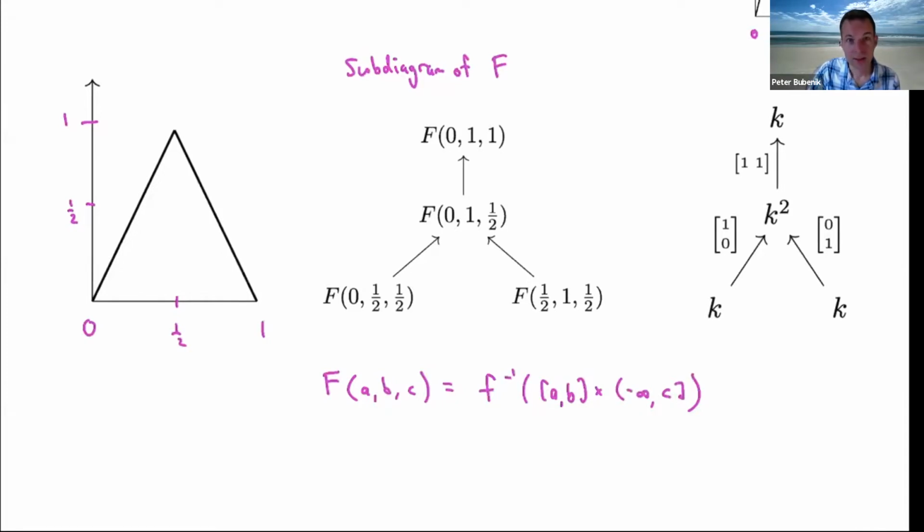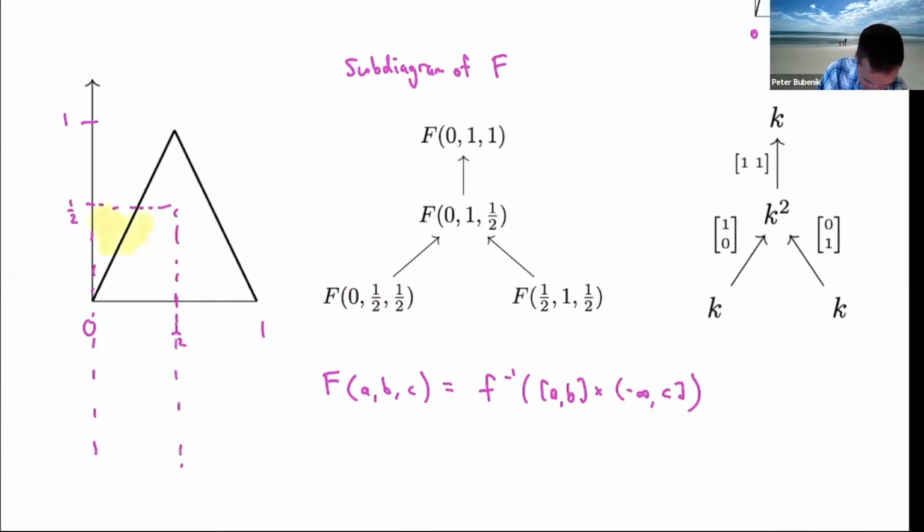In this diagram on the left, this graph, we look at semi-infinite strips. In particular, we can look at this semi-infinite strip here corresponding to A equals 0, B equals 1/2, C equals 1. So what does that look like? So C is 1/2, and A and B are 0 and 1/2.